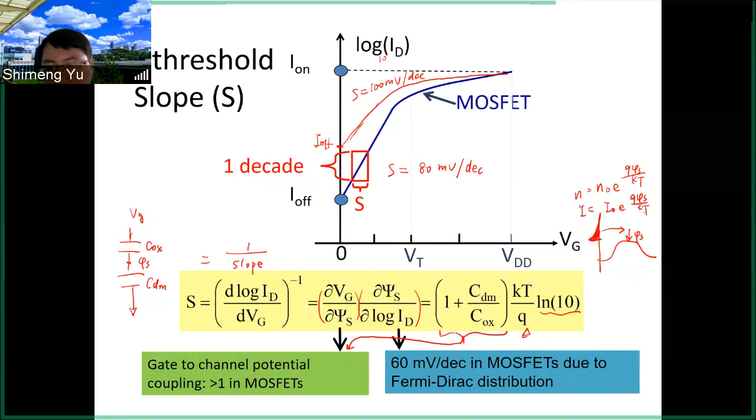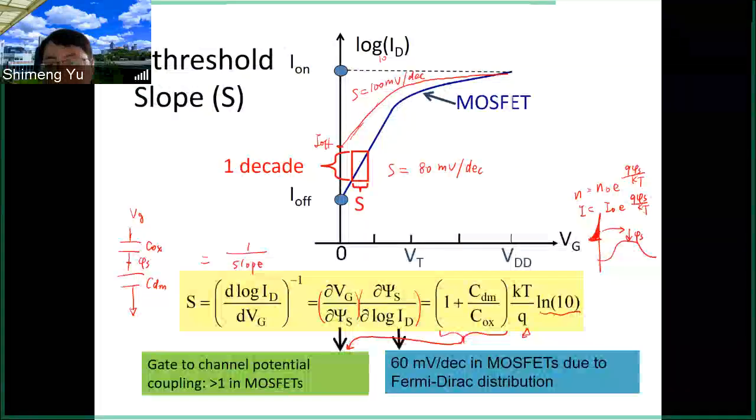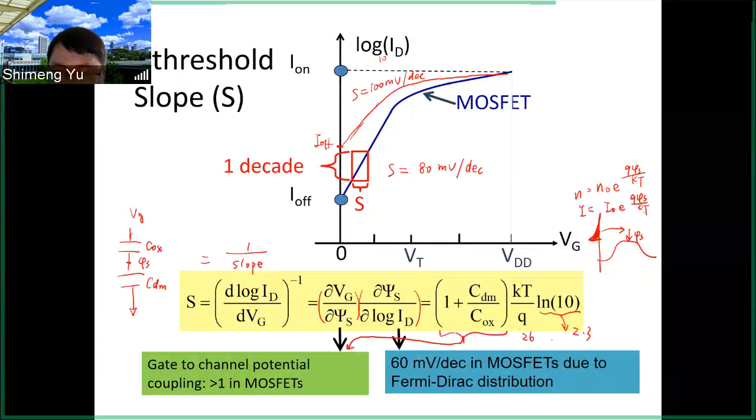This is a number: it's 2.3. And the kt over q is a thermal voltage, and it's 26 millivolts. So if you multiply the 2.3 and 26, you will get this 60 millivolts.